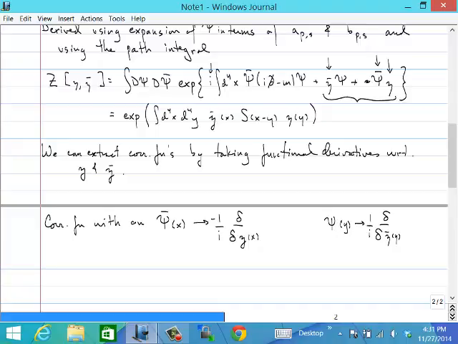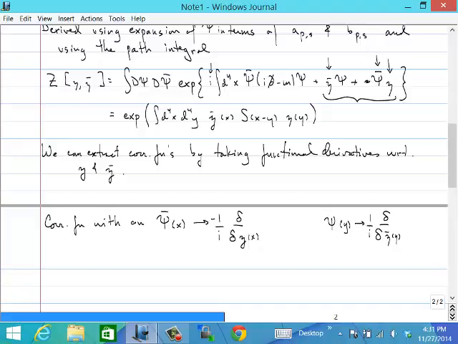So let's, as an example, calculate a 4-point function with 2 fermions and 2 bosons. This might be relevant, say, if we were studying the standard model, if we wanted to look at an interaction between 2 Higgses and 2 matter particles. So let's just focus on the connected piece. We then just need to take some derivatives of this generating function.